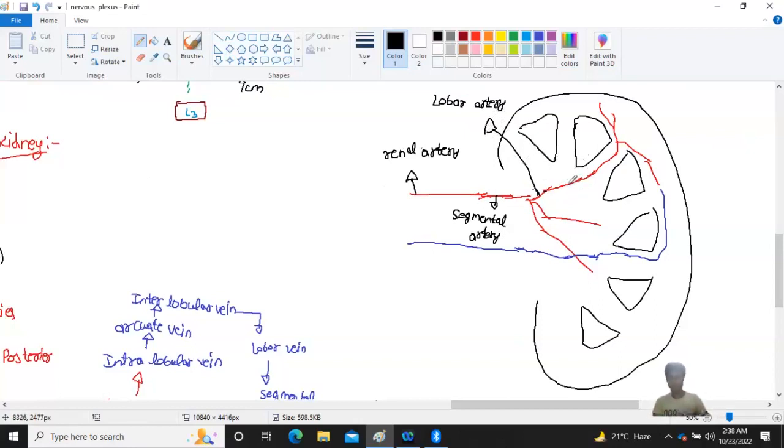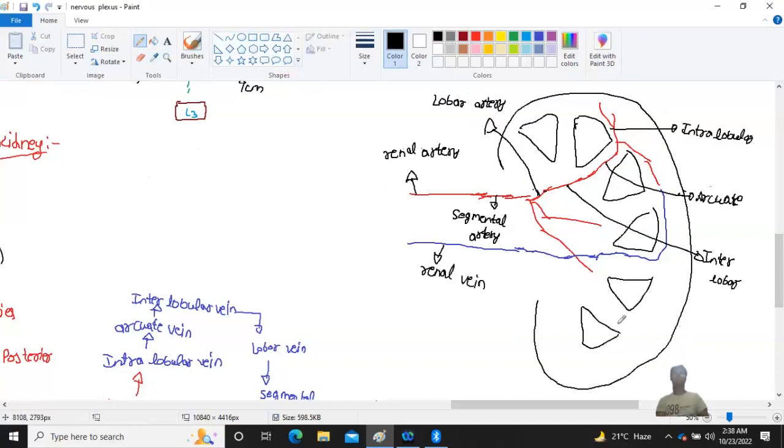Then this is the interlobar. These are arcuate. These are intralobular. And this is the similar pattern of vein. This is the renal vein. So this is the blood supply of the kidney, how it is oriented like this.